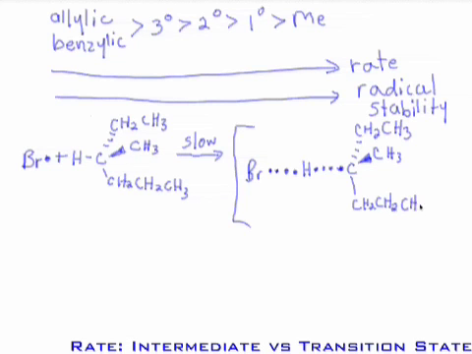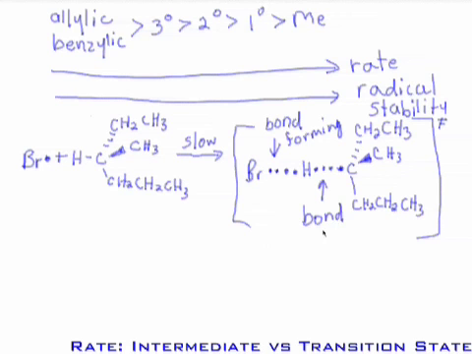Okay. Now, as in all transition states, I draw my double dagger. And I have to show which bonds are forming, which bonds breaking. So this bond is forming. This bond is breaking.